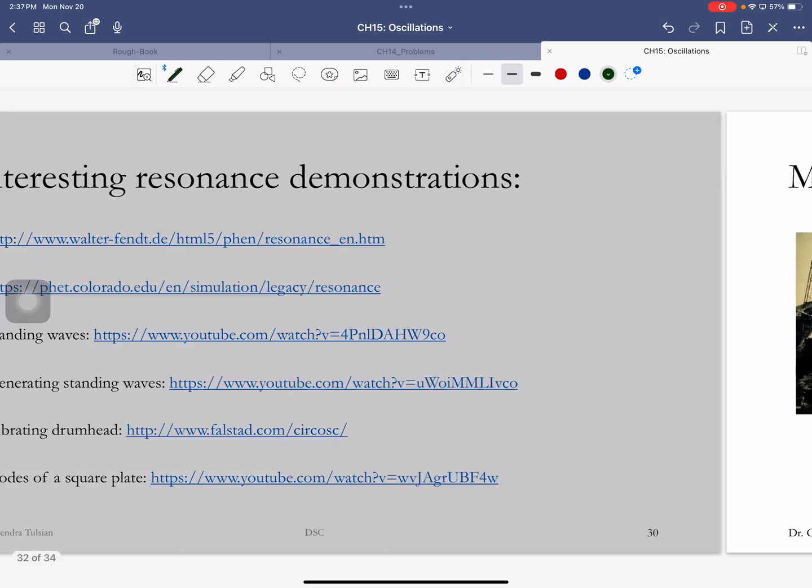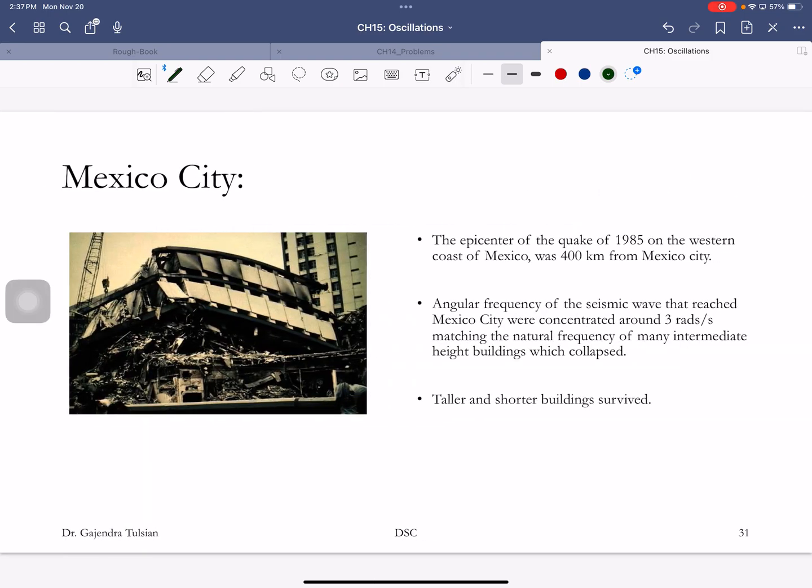So resonance can be a scary thing, and this is how come buildings get destroyed. For instance, in Mexico City, back in 1985. The natural frequency of a building depends on its height. And if the ground shakes, and this frequency matches the natural frequency of a building, it'll collapse.